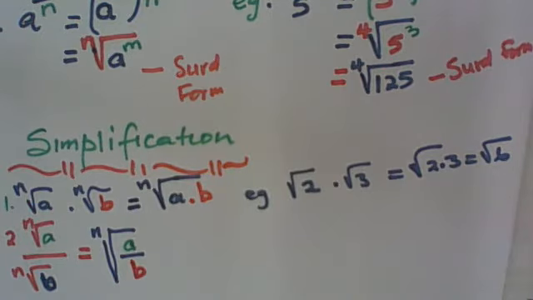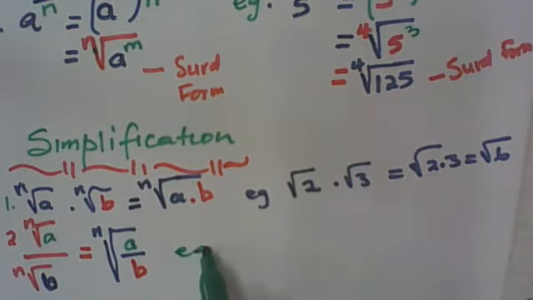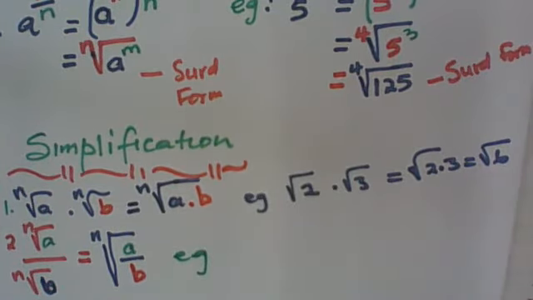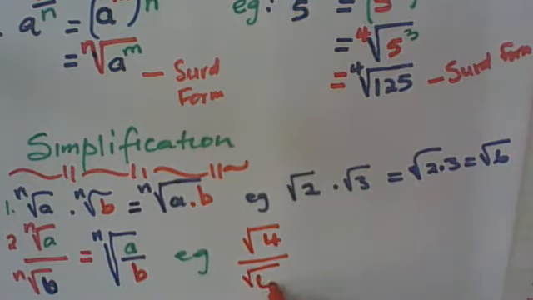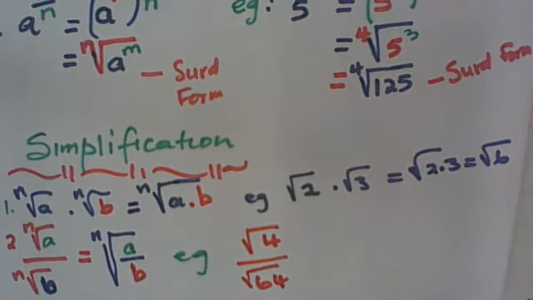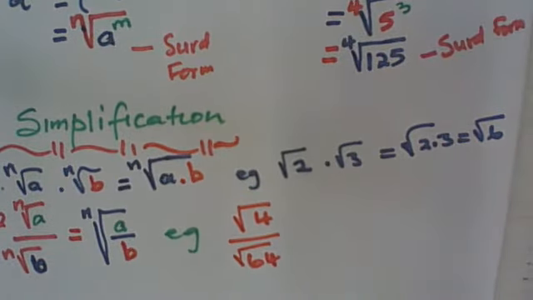How do we do this? Let's say, for an example, you had the square root of 4 divided by the square root of 64. I just want us to check this.